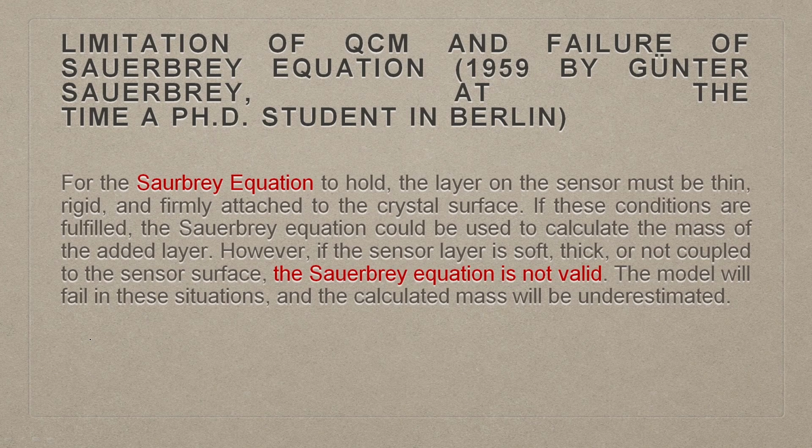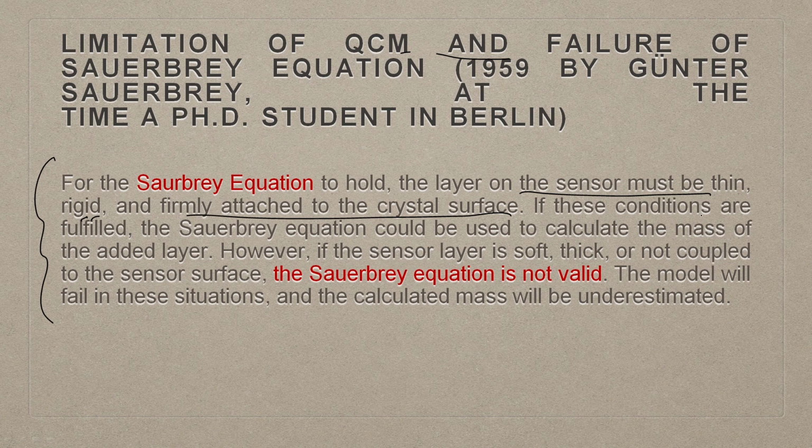Okay, so coming back to the limitations of QCM and the failure of the Sauerbrey equation. For the Sauerbrey equation to hold, the layer on the sensor must be thin and rigid. Interestingly, rigidity is not the way biological molecules work. The layer must also be firmly attached to the crystal surface.